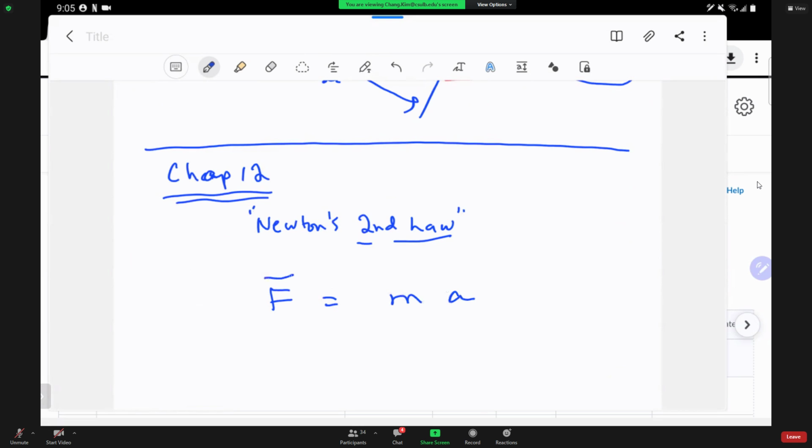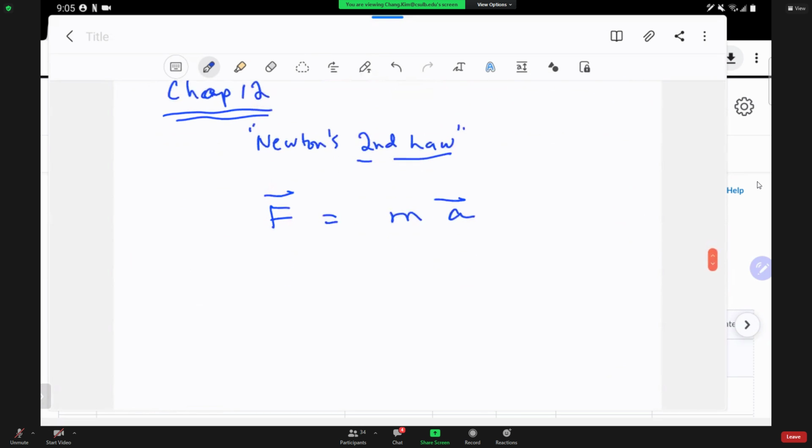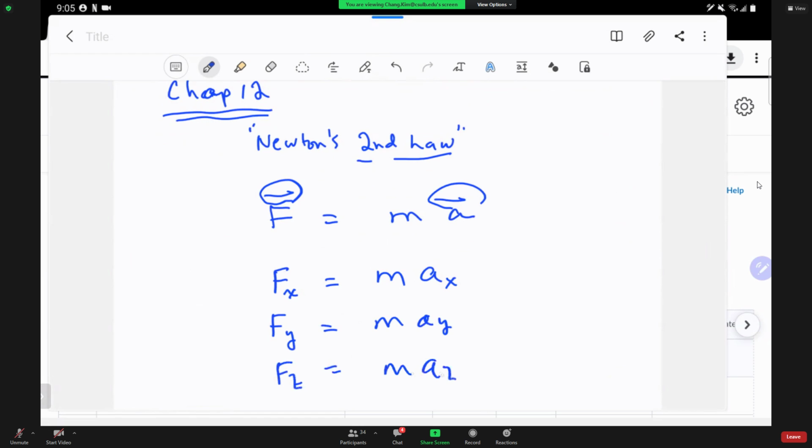And it also goes for the vector directions. So force in the x direction is equal to m, the mass, times the acceleration in the x direction, and the same thing in the y direction and the z direction.